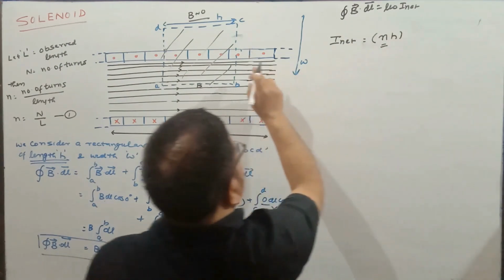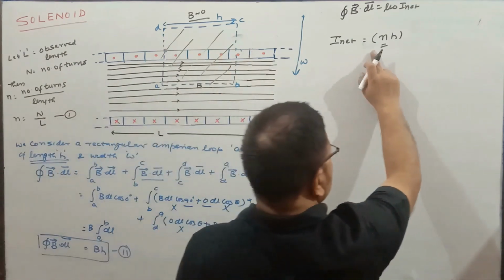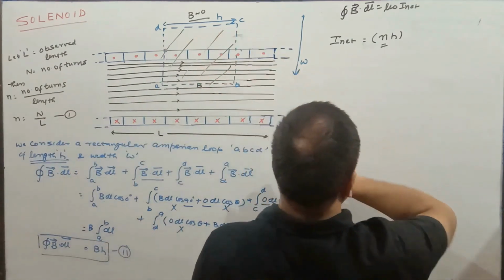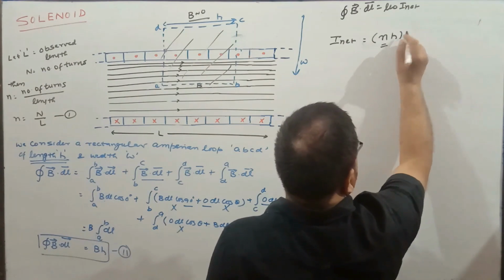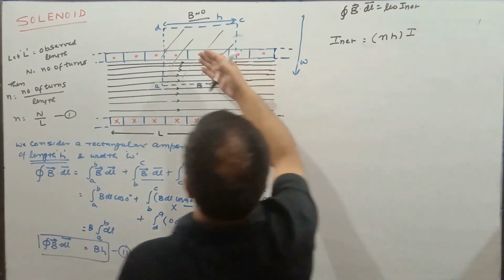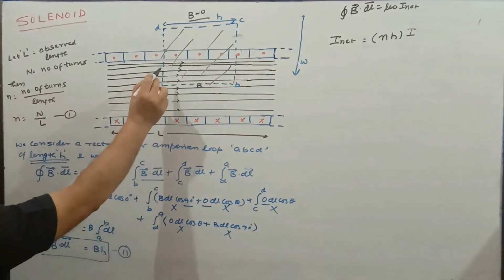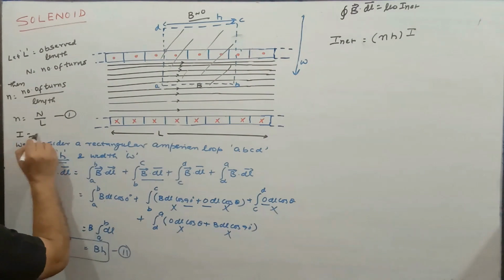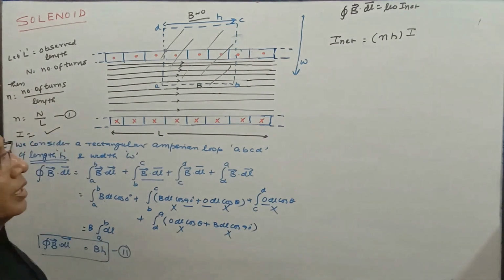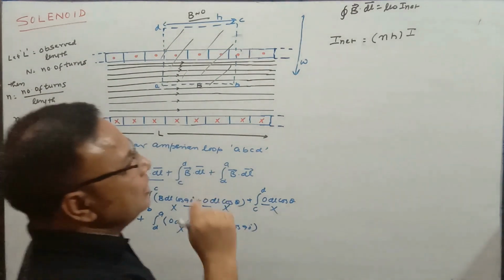Because small n is the number of turns per unit length. So for h length, the total number of turns coming out of this Amperian loop area or surface, it's better to say surface, is n into h, and the current through each turn is I. We have to mention here I as the amount of current that is coming out through each turn. So this is the net current.